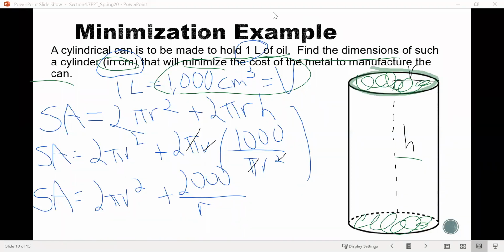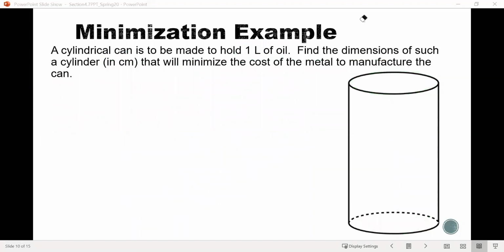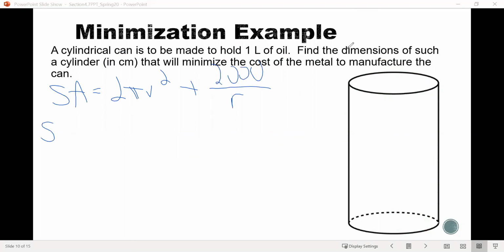Okay, so we're going to have to take the derivative of this formula, and I'm going to clear things out here so we can start with a nice clean screen. So our surface area formula now is 2 pi r squared plus 2,000 over r. And I'm not going to go through all the steps of this. We'll use the power rule.